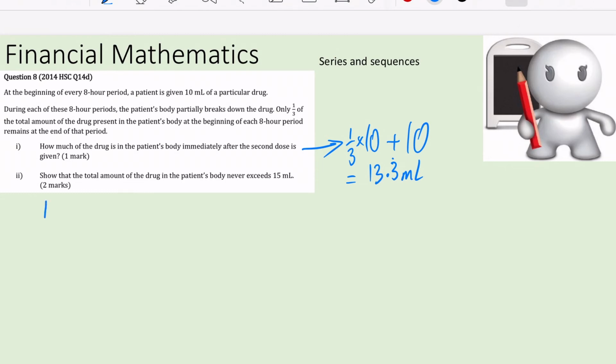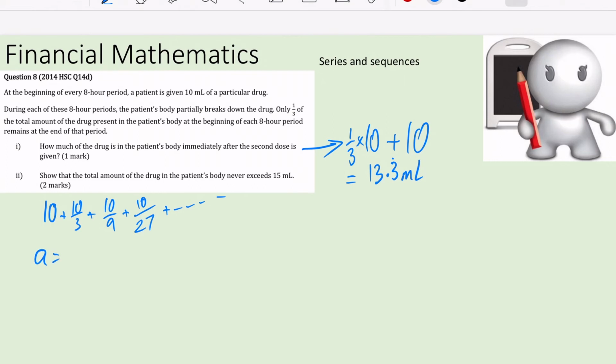So you're given 10, then you're given another 10, and in the patient's body you retain 1/3. You keep on retaining 1/3, and so on and so on.